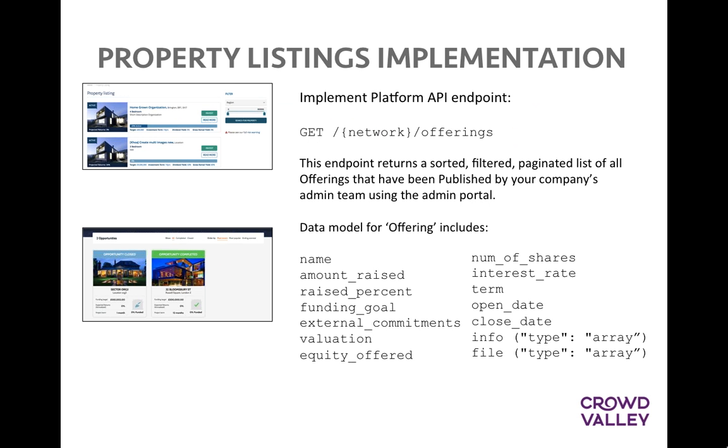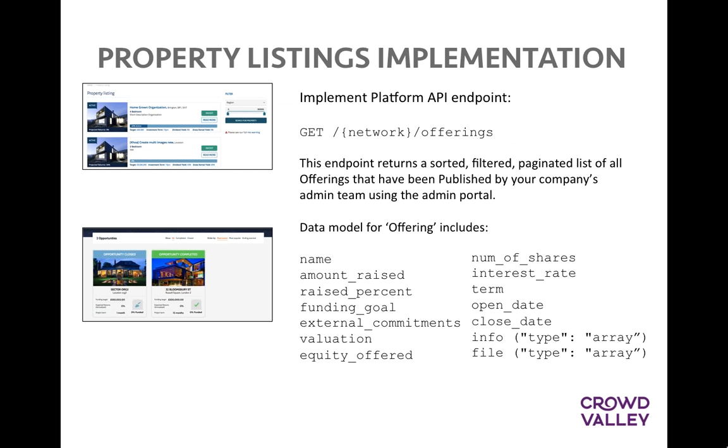So in this example, you've got a series of cards laid out vertically, so you can see one line per property. In this example, you've got a badge in the top left, so it says active in both cases.